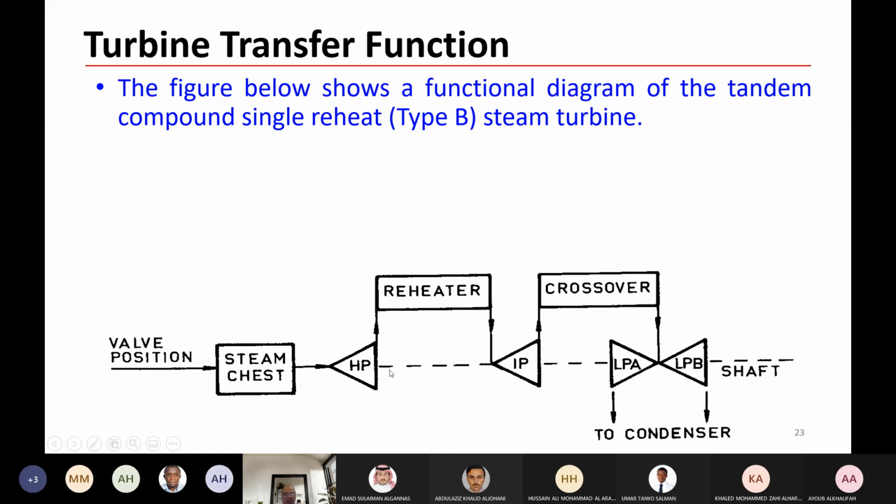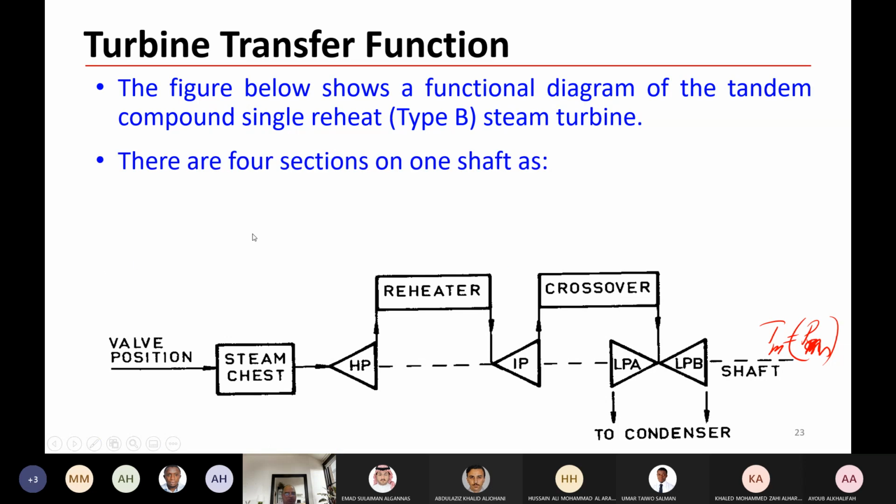And the torque that comes output from the high pressure, plus the torque that comes from this one, plus the torque that comes from each section here, gives you at the end mechanical torque or mechanical power. Okay, so it is a summation of this plus this plus this.